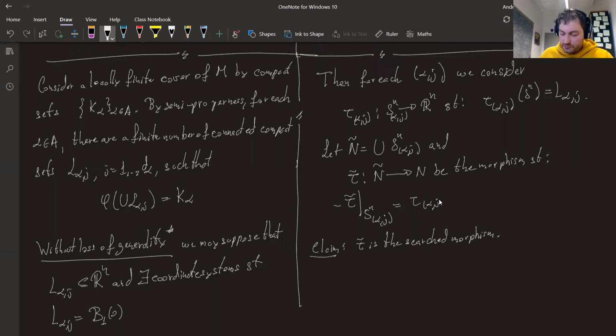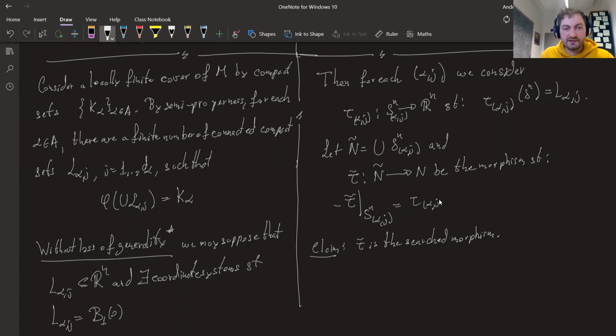Now, I don't want to spend too much longer, but this can actually be seen in a not too difficult way. You take any compact set, since this is a locally finite cover of M, it's going to be covered by a finite number of these K alphas. For each one of these K alphas, the preimage is going to be in a finite number of these L alpha j's. So the preimage of K is going to be contained in a finite number of these Sn alpha j sets.